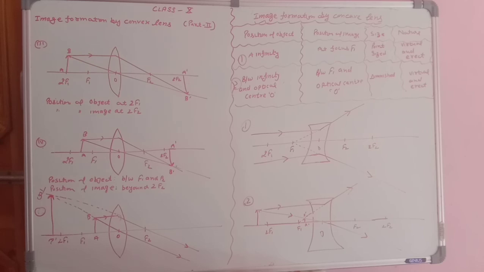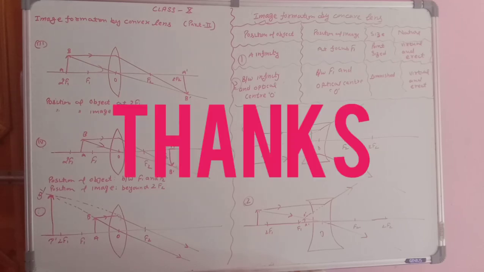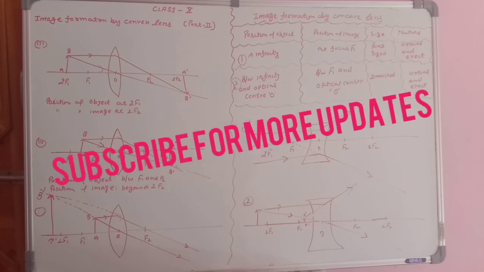So better that you draw your ray diagrams with a drawing pencil, neat and clean. Don't forget to draw an arrow on the ray, as the arrow shows the direction of your ray, that means from where your ray is coming and where it is going. Arrows are very important to show the direction. This is enough for today. Thank you. Have a good day.